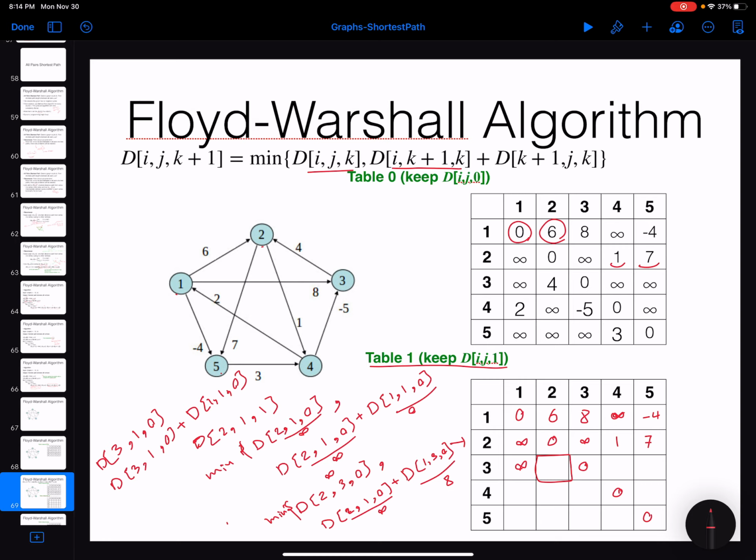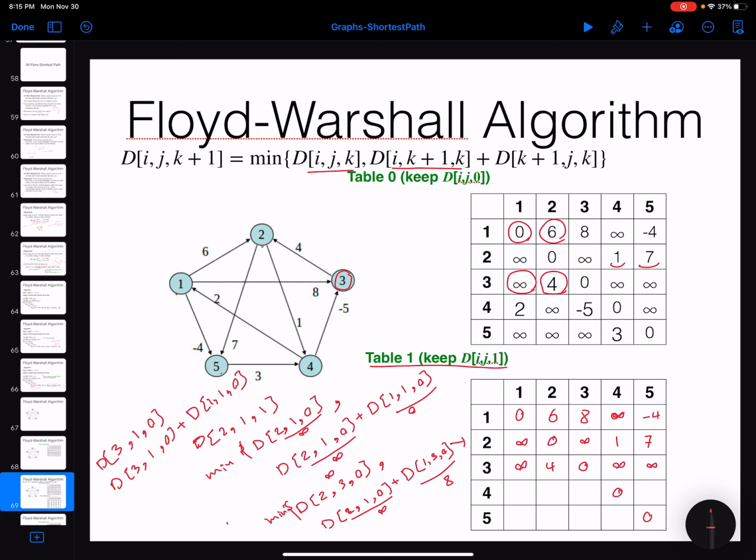Again, this one is not going to be updated. This will be actually 4, because there is no path from 3 to go to 1, because 3 to 1 is infinite already, so definitely this is going to be whatever we have before. The cost of going from 3 to 4 using the node 1, again this is going to be infinite. The cost of going from 3 to 5 using the node 1, this is going to be infinite.